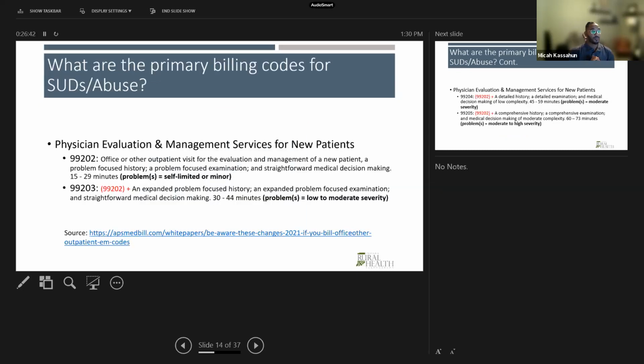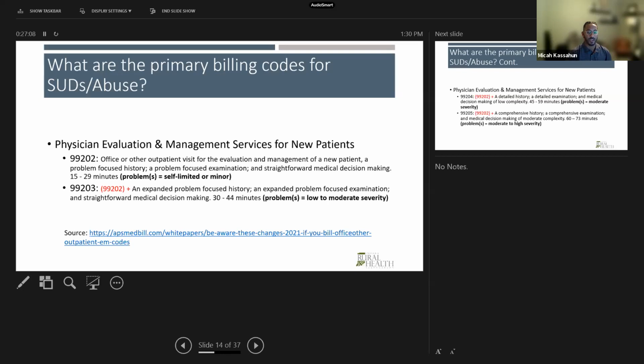So now, what are the primary billing codes for SUDs and just overall substance abuse? Really common ones are anything that starts with a 99, which will usually be an evaluation and management code. These evaluation and management services are basically outpatient visits where the patient goes to the provider's office for their appointment.